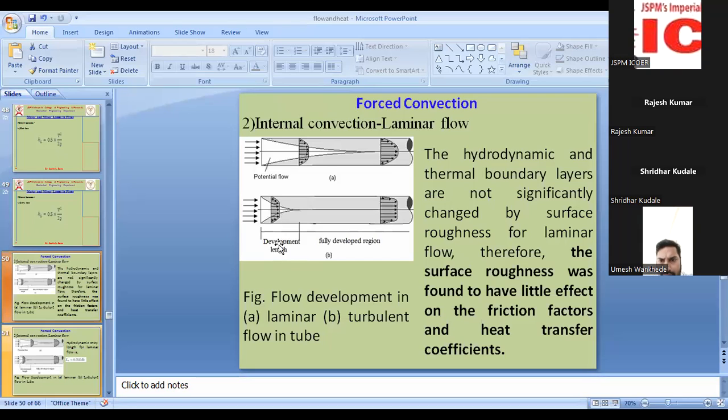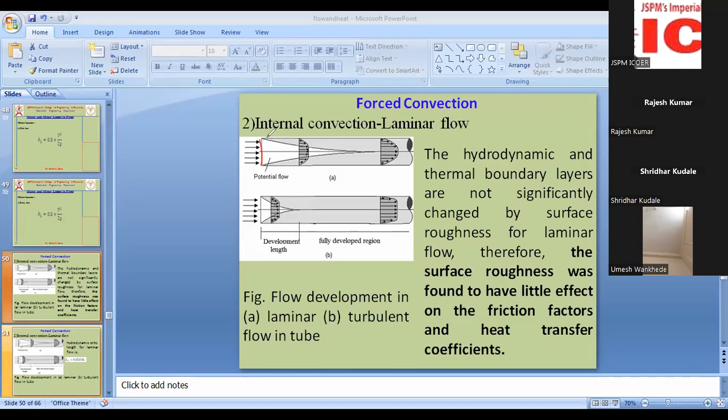Now we can see here when flow enters in the tube, what happens to its velocity profile? Here at the inlet, I will just switch on the marker.